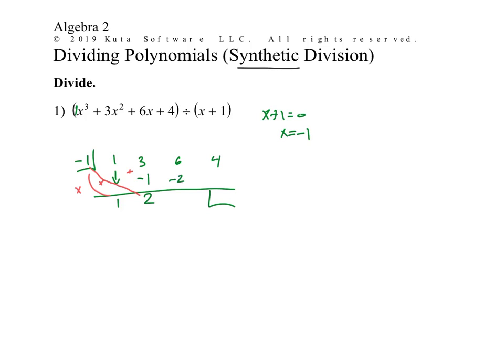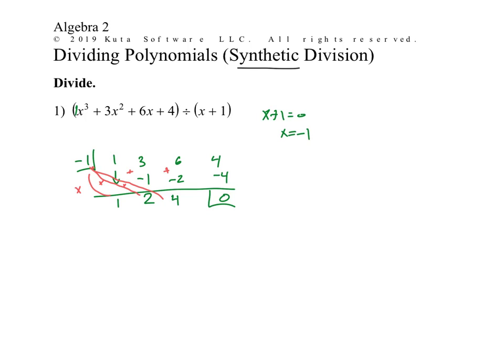So 6 plus -2, I'm adding again, is 4. And again, I'm multiplying those two. So 4 times -1 is -4. And now I'm going to add: 4 plus -4 is 0, and this value right here is my remainder.